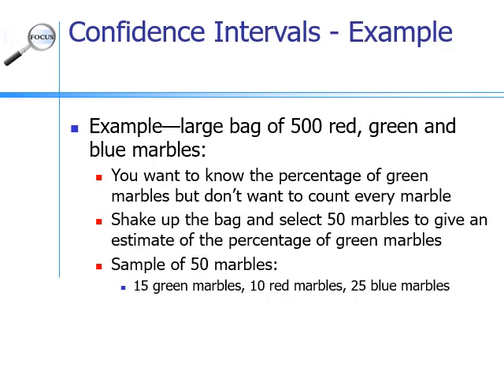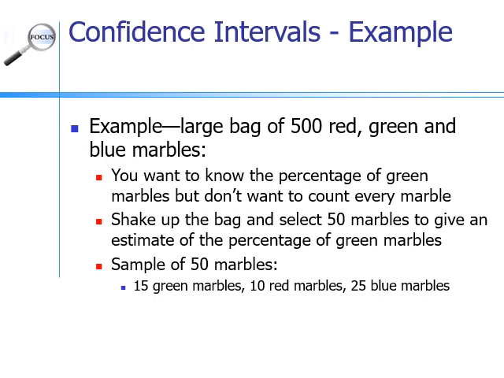To understand better, let us have this example of a large bag containing 500 marbles, which consist of red, green, and blue. But we do not know how many are each of the red, green, and blue in that 500. We are interested in the green ones, so we would like to know how many green marbles there are. You don't have to count every one of them because 500 is lengthy and not practical.